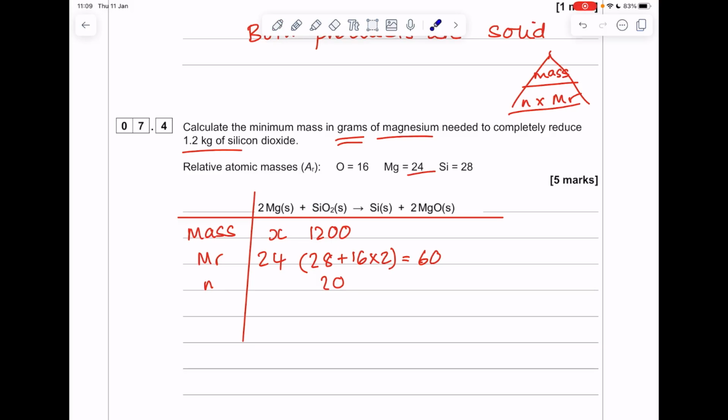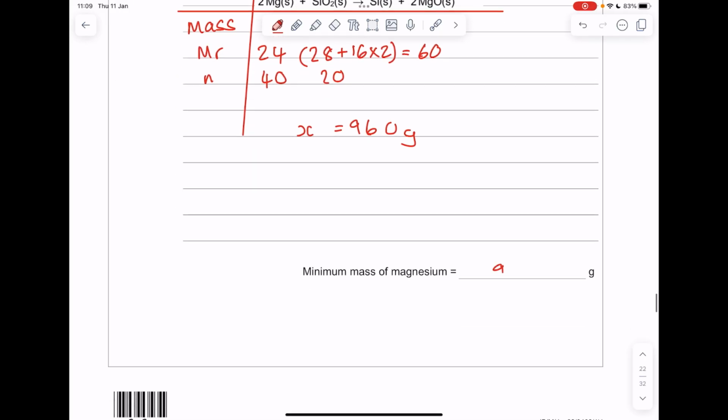There's an invisible 1 here, a 2 here, so we just multiply that number there by 2. And then our final step is to find the mass of magnesium by doing number of moles times Mr. So that's 24 times 40, which gives you a final answer of 960 grams, and that's how you get 5 marks without too much stressing.